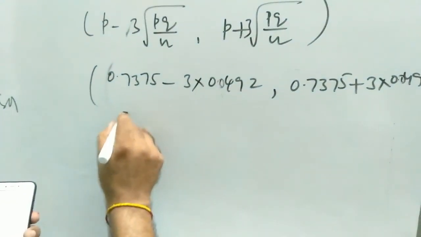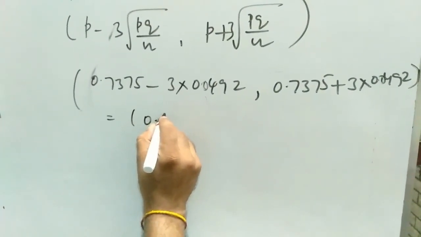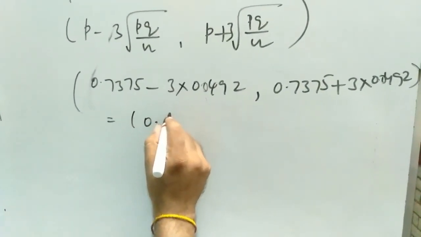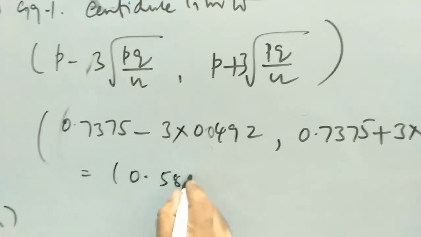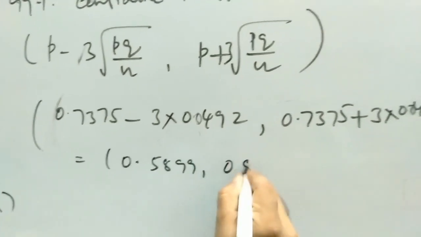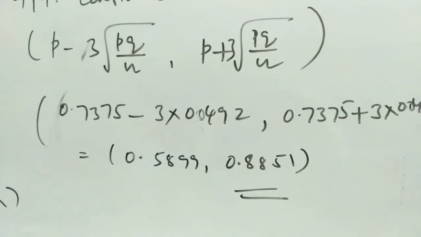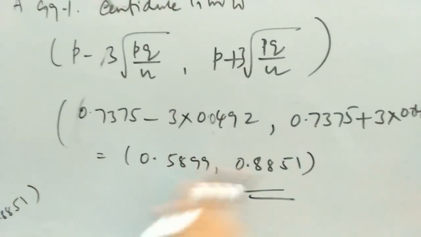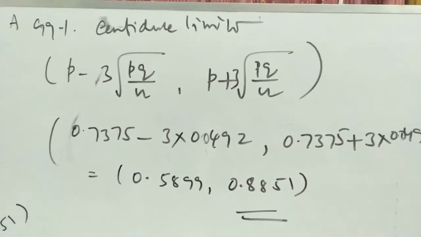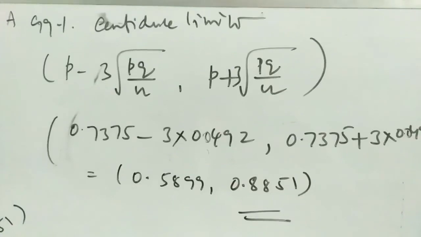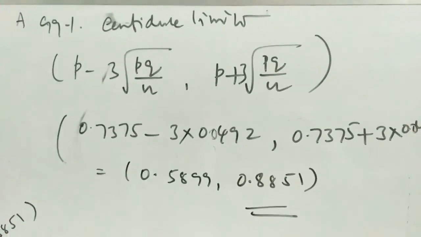So the approximate values are 0.5899 comma 0.8851. So the population proportion must lie in the interval 0.5899 comma 0.8851. This is the interval estimation with 99% confidence.